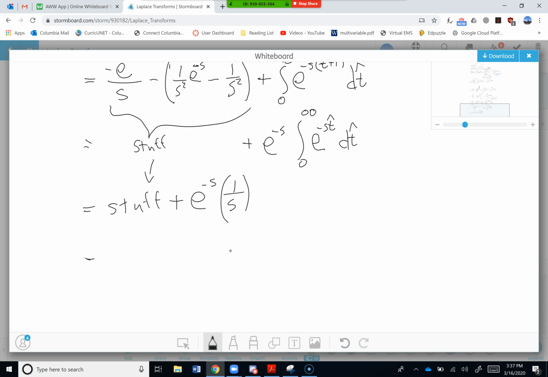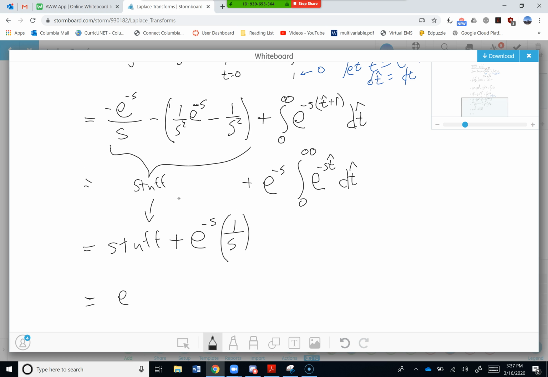And so in the end here, I have, sorry, I need to scroll back up so I can see what that was. A minus e to the minus s over s minus 1 over s squared e to the minus s plus 1 over s squared plus e to the minus s times 1 over s.